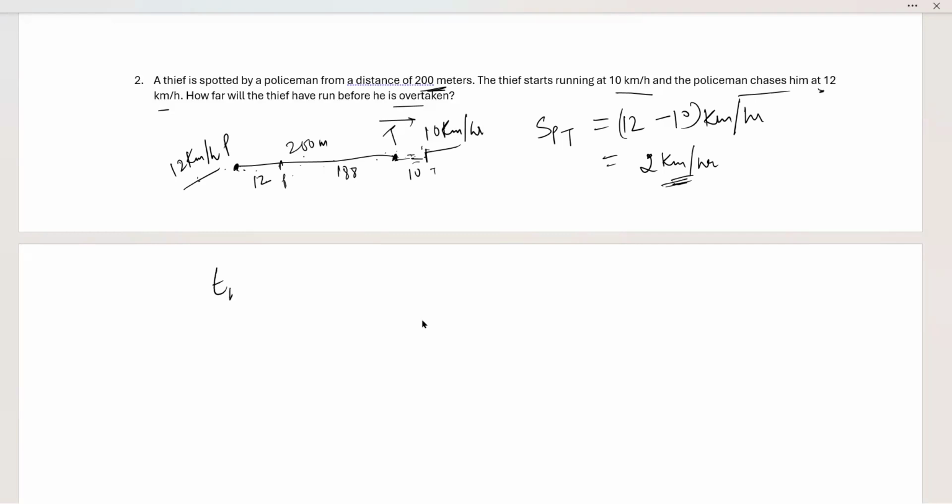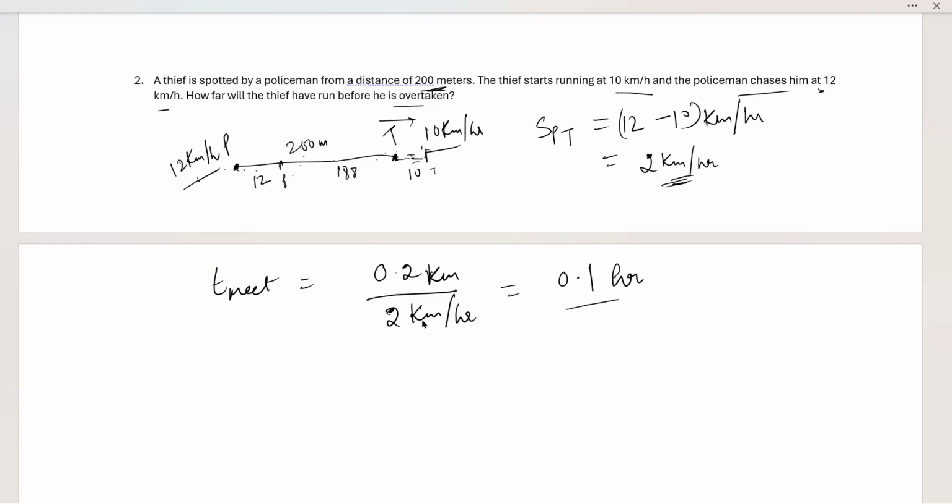So the time of meet would be 200 meters, which we can write as 0.2 kilometers, sorry, my mistake, I made a mistake, divided by 2 kilometer per hour. So this comes out to be 0.1 hours.